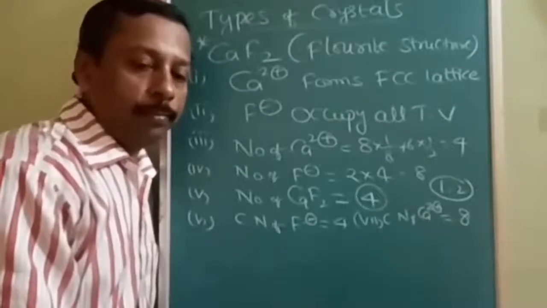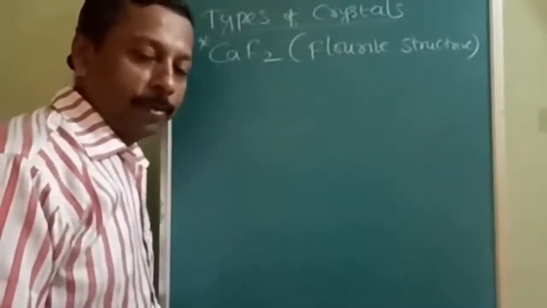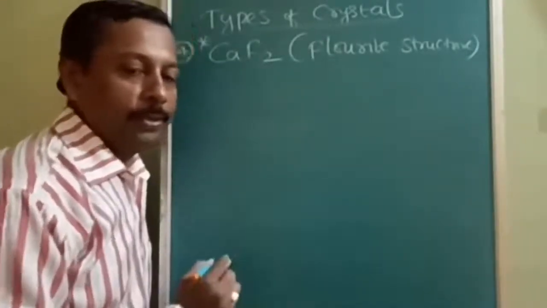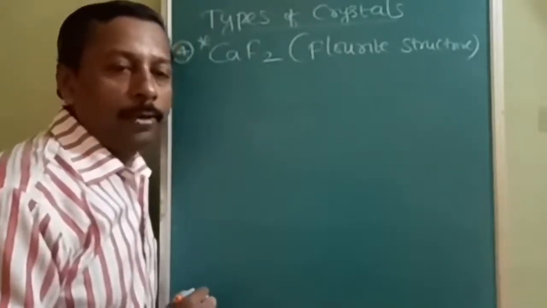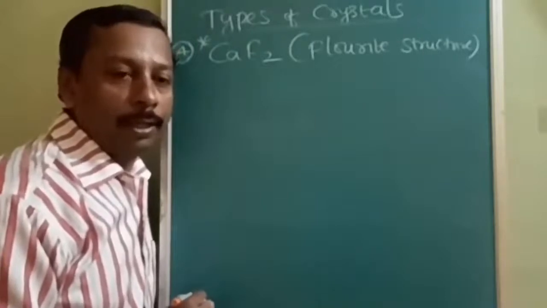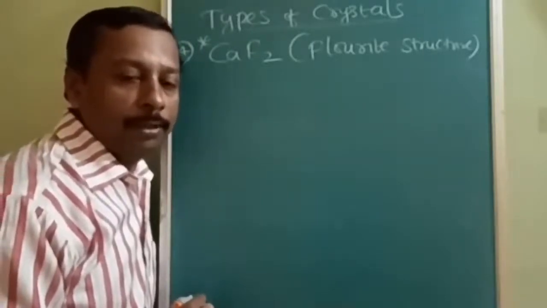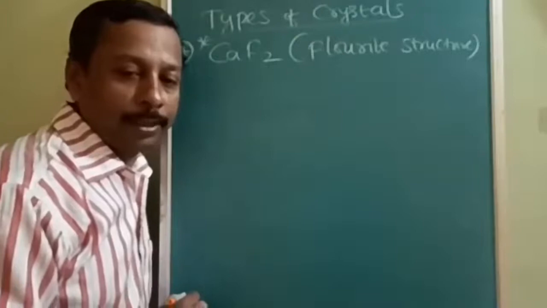Now we will explain those 7 points with a proper diagram. First, what should I draw here, calcium or fluorine? Till now we were drawing the negative ions only because they form the lattice.